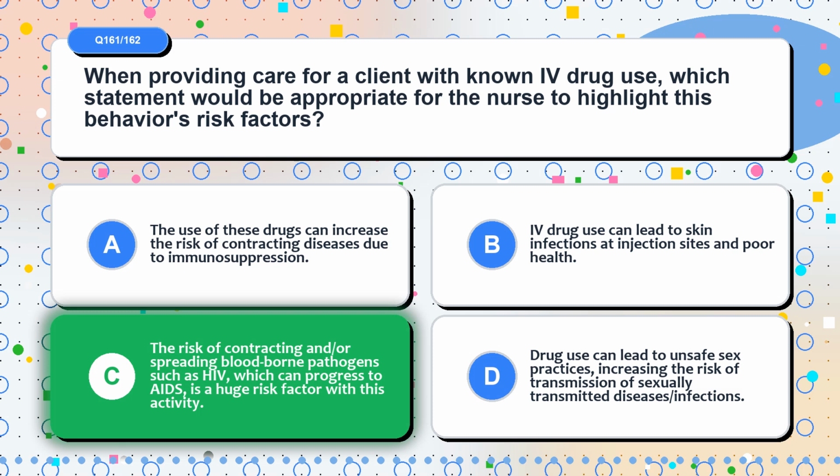The correct answer is option C. The risk of contracting and/or spreading blood-borne pathogens such as HIV, which can progress to AIDS, is a huge risk factor with this activity.